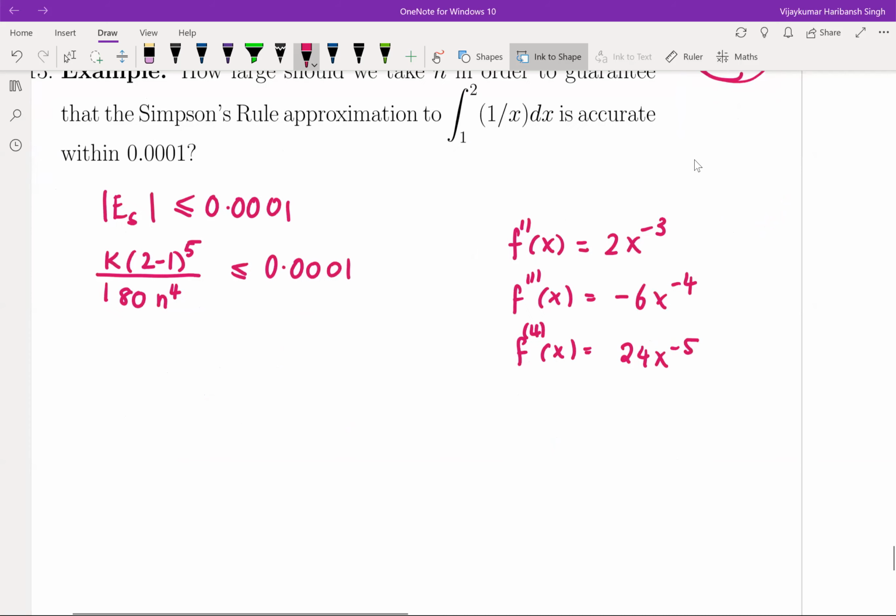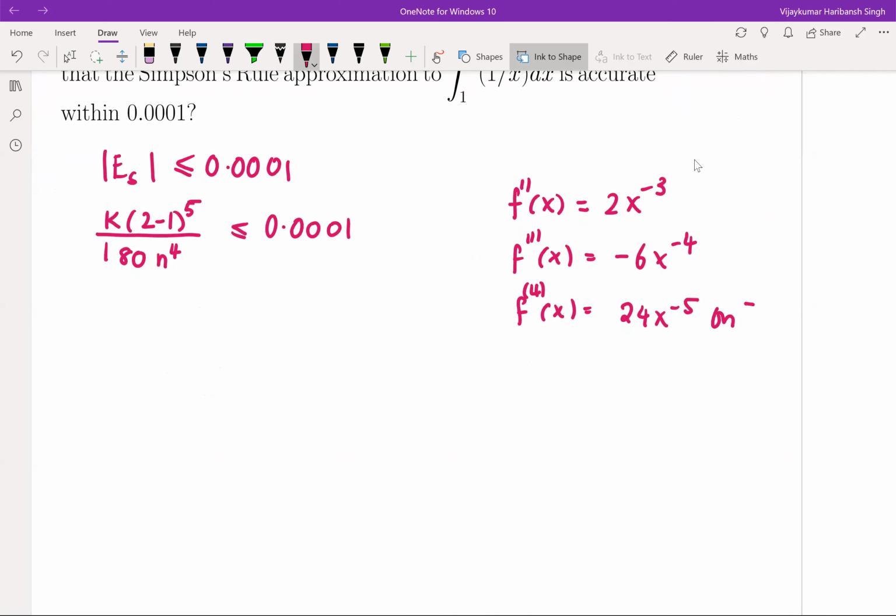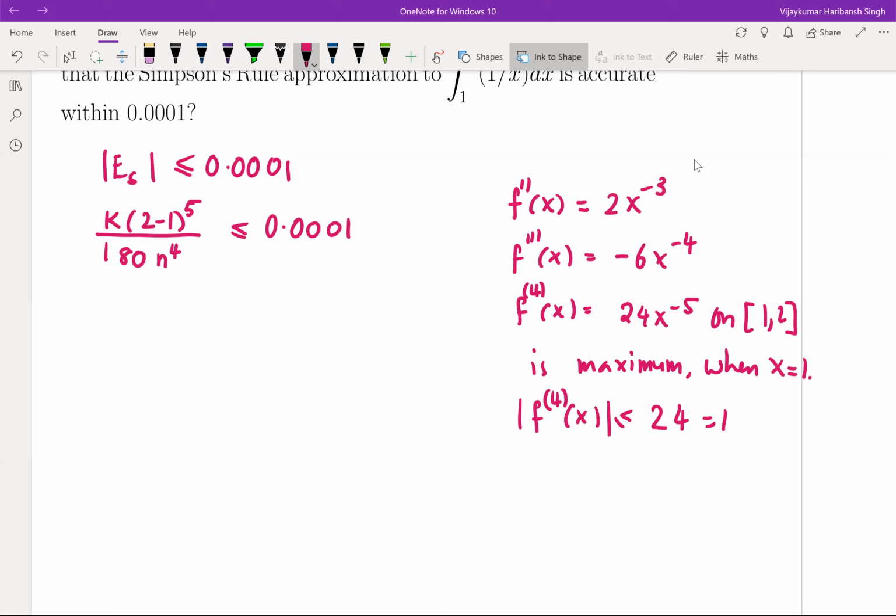And on 1 to 2, the maximum is when x equals 1, right? Why? Because it's a decreasing function, so the maximum value is achieved at the start of the interval. So this is going to be less than or equal to 24. So this is your K.